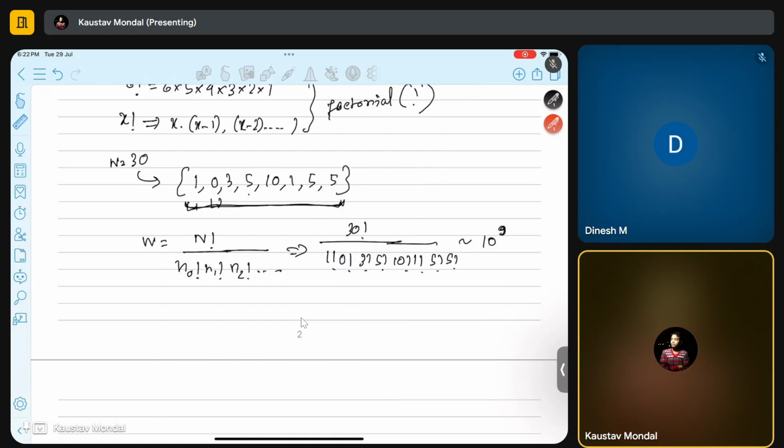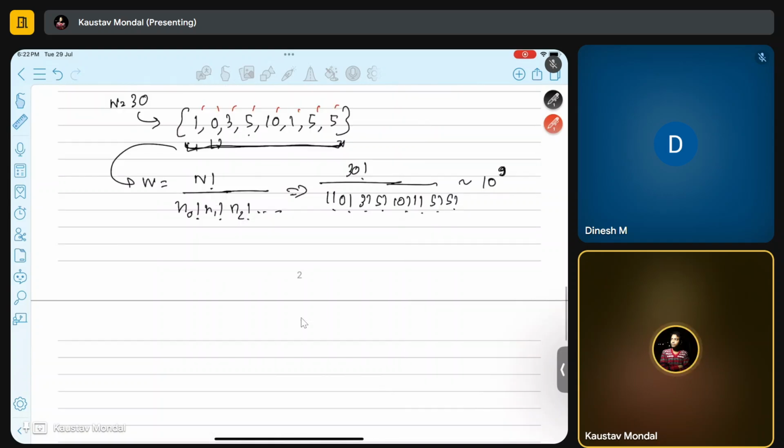How many boxes are there in this configuration? 1, 2, 3, 4, 5, 6, 7, 8, so 8 boxes. This configuration can be done in 10 to the power 9 different ways in 8 boxes. So this is how you can calculate the weight of a configuration.